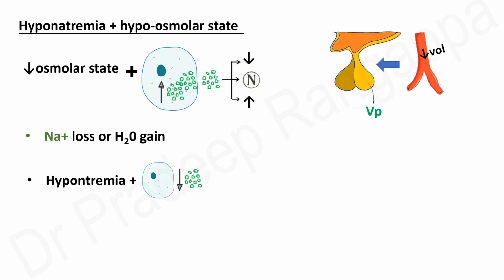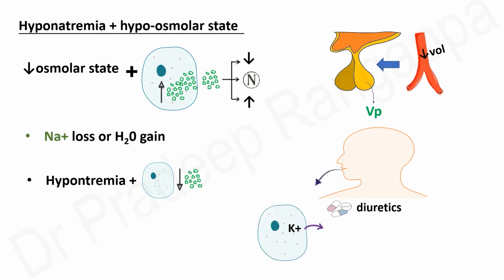Increased thirst leads to increased production of vasopressin from the posterior pituitary. Some of the causes of hyponatremia due to reduced extracellular fluid are vomiting or diuretics. In these situations, potassium from the cells goes out, sodium gets absorbed from the extracellular fluid, and hyponatremia sets in.